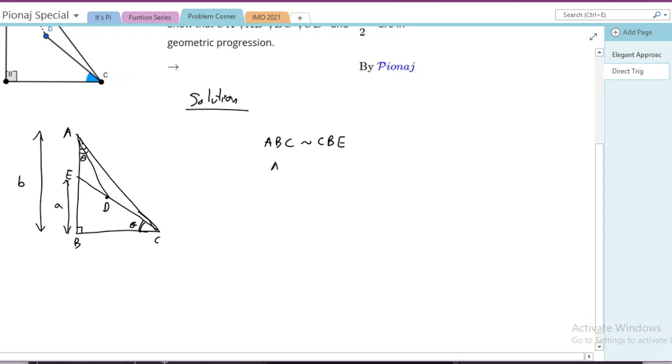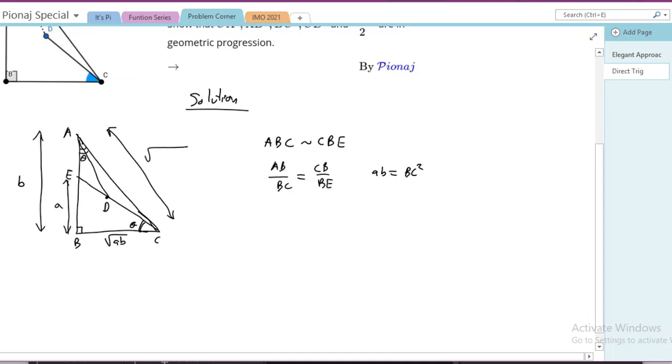So this means that AB over BC will be equal to CB over BE, and cross multiplying we get AB is BC squared. So BC is just going to be square root of AB, and from this we can use Pythagoras theorem to complete the remaining sides.